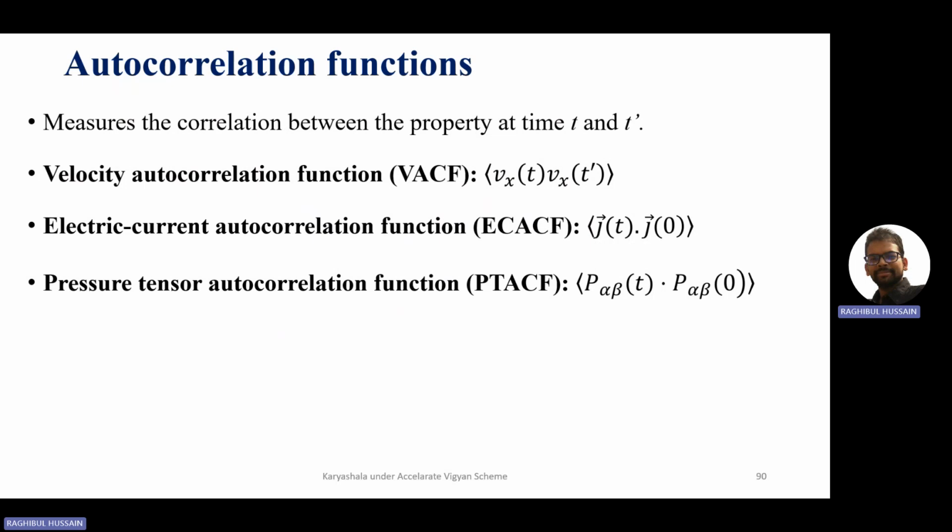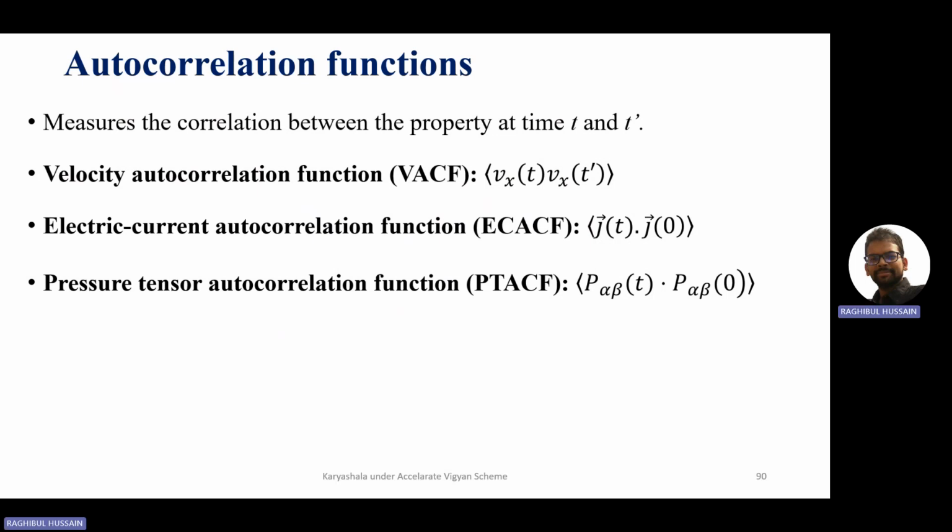In the transport part, we have a concept called autocorrelation function, and depending upon what you want to measure, it becomes the velocity autocorrelation function or VACF, which can be used to measure the diffusivity. Then we have the electric current autocorrelation function or ECACF, which can be used to measure the ionic conductivity. And then we have the pressure tensor autocorrelation function or PTACF, which can be used to measure the viscosity, right?